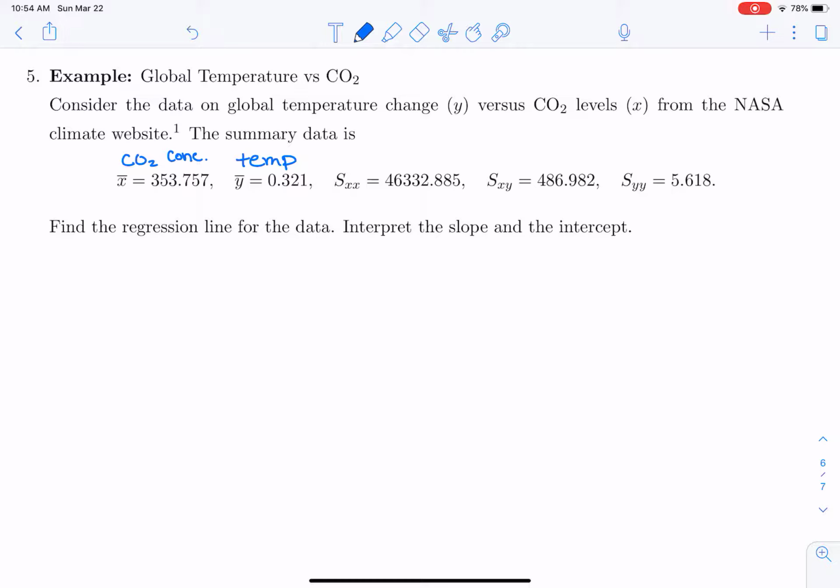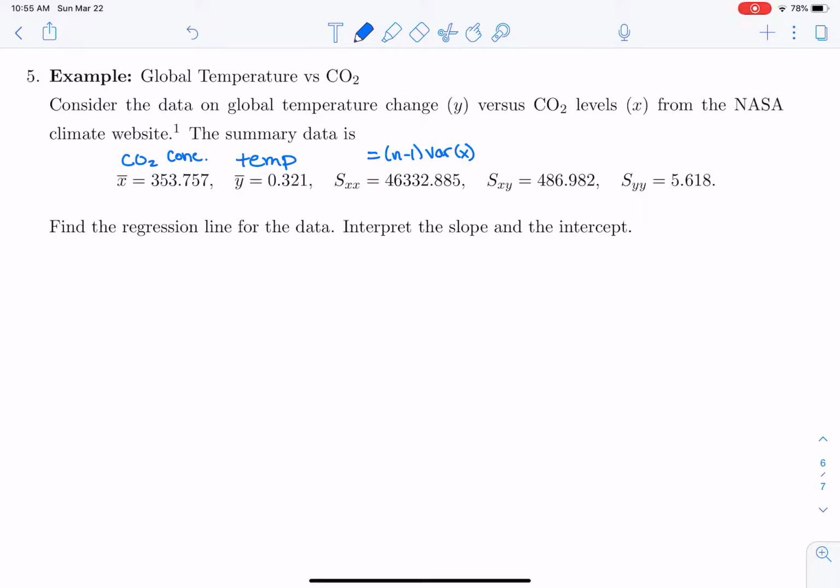Then they give us the sum of the squares of the x's, which is 46,332.885. Remember, we could do this calculation in something like R if we took n minus 1 times the variance of my x data. And then they give us S sub xy, which is 486.982.